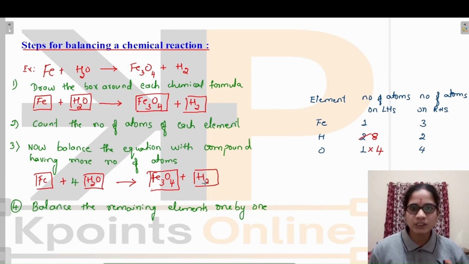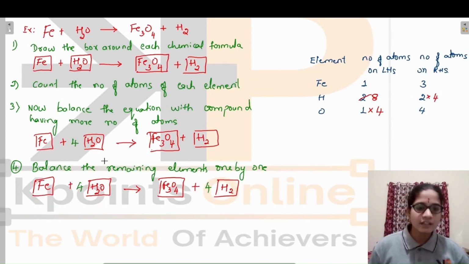Here there are 2 hydrogen atoms, so simply by writing the coefficient 4 here, 4 into 2 will be 8. So the number of hydrogen atoms will also be 8. See here, the number of hydrogen atoms is balanced, equal to 8, and the number of oxygen atoms is also balanced. Then what is the remaining element which needs to be balanced? Iron atoms. Yes.